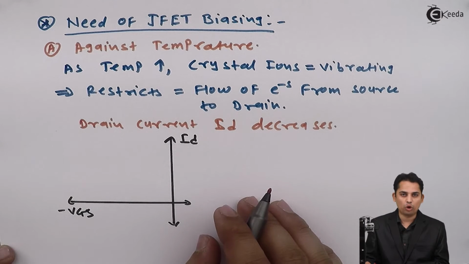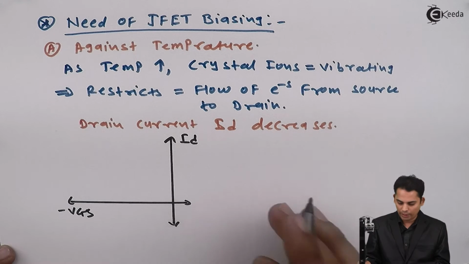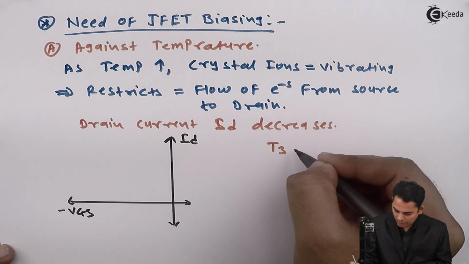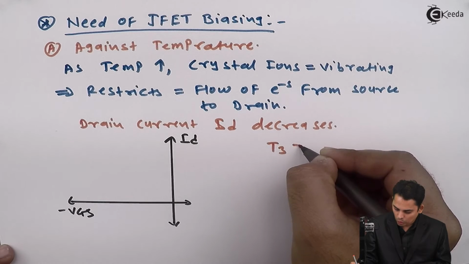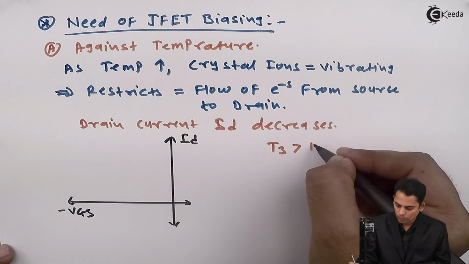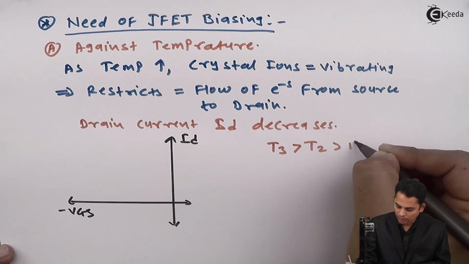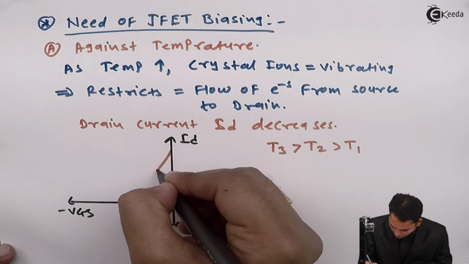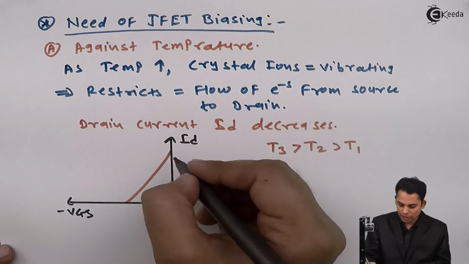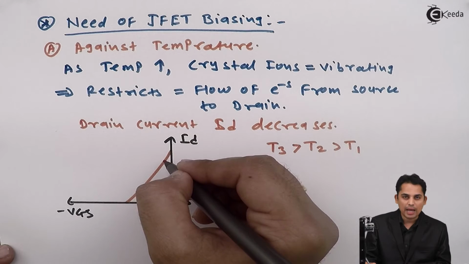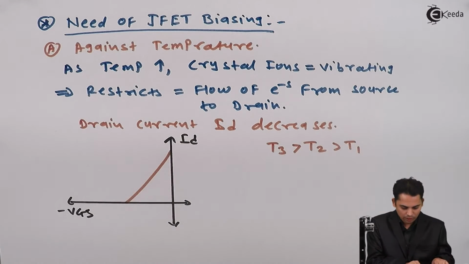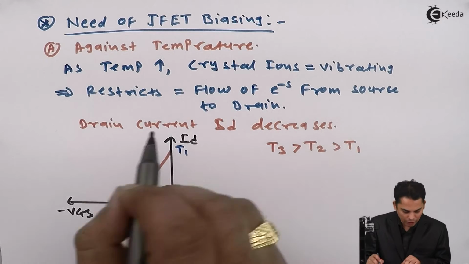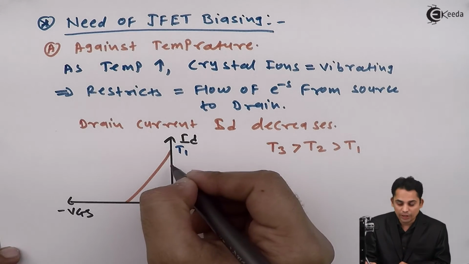Let's try to draw the drain current graph for three different values of temperature T1, T2 and T3, where T3 is higher than T2, which is higher than T1. Hence, as temperature is increasing, we will see that this is the graph for temperature T1. As temperature changes from T1 to T2, the drain current will decrease.